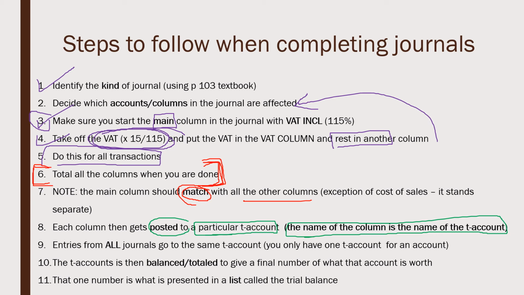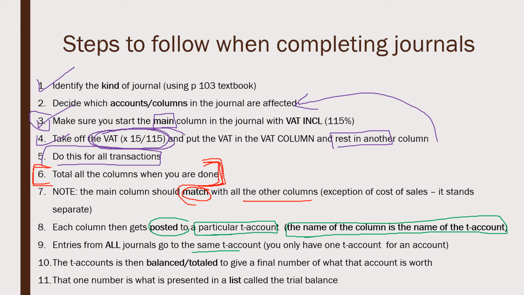Okay, number 9, entries from all journals, so all 8 journals, however many ever you've done, go to the same T account. What I mean by that might seem a bit confusing: if you've opened a sales T account, you only have one sales T account. If you used sales in more than one journal, you'll post all the journal sales entries to one sales T account.